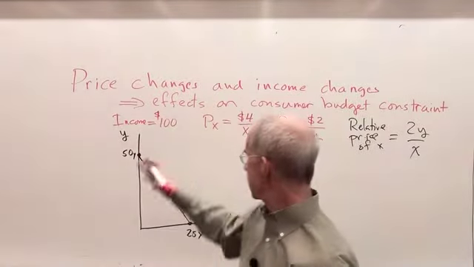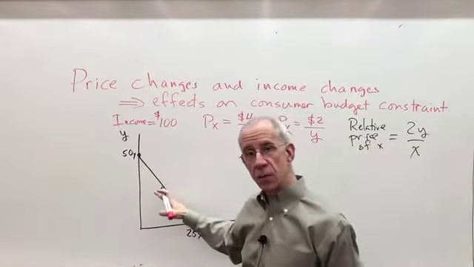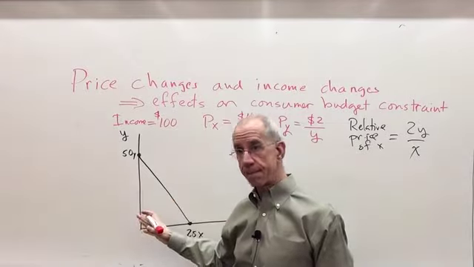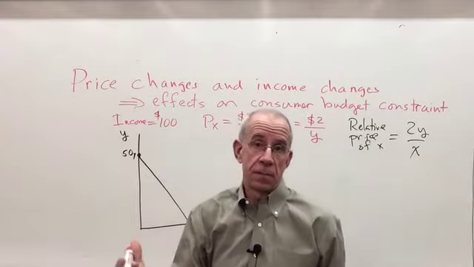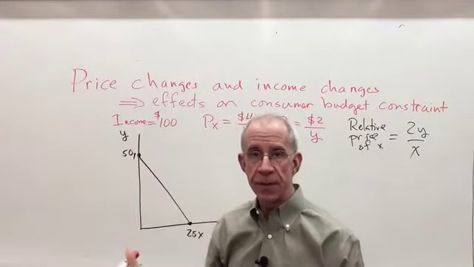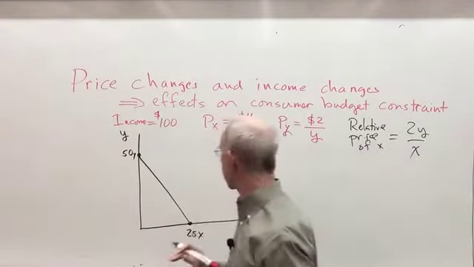So that's the budget constraint that the consumer faces originally. Again, what they finally decide to consume is going to depend on the tastes represented by the indifference curve, but we're setting that aside for now.